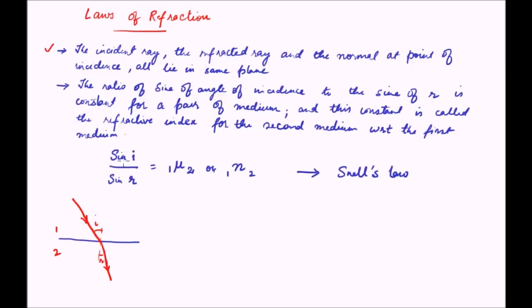Therefore sine of i should be greater than sine of r, which means i is greater than r. Therefore when light is going from a rarer to a denser medium, it bends towards the normal. If this were denser and this were rarer, then this would have been less than 1 and it would have moved away. So these are the two laws of refraction.